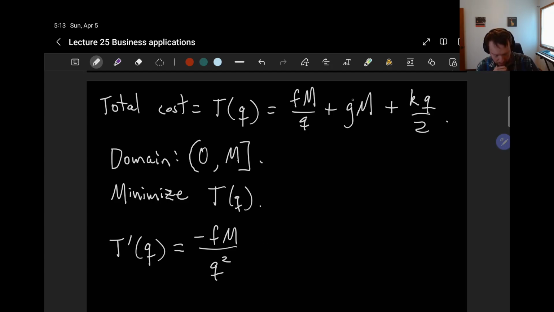Notice that this does not involve Q at all, so the derivative there will be 0. It's just constant. And here, since Q is just to the power of 1, we're just going to get that coefficient there.